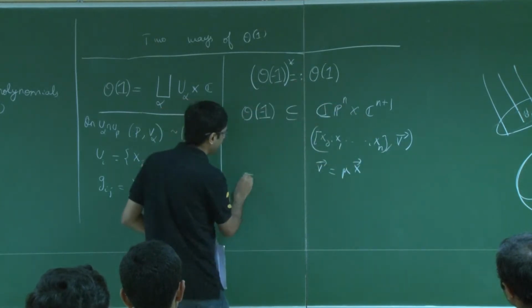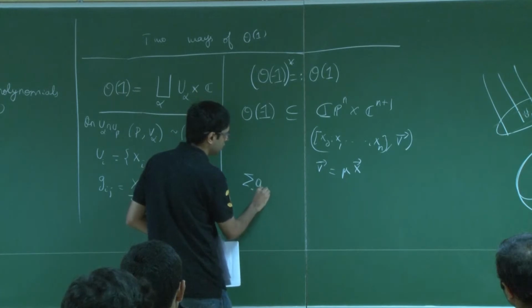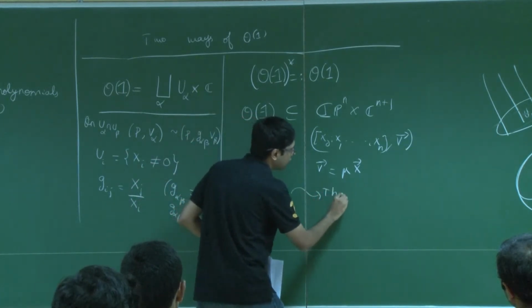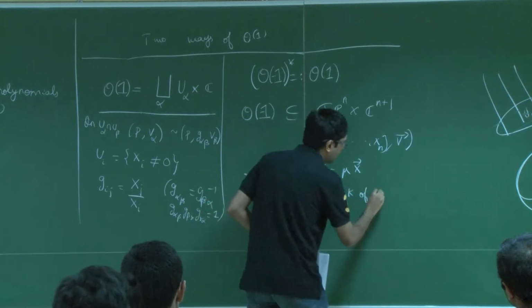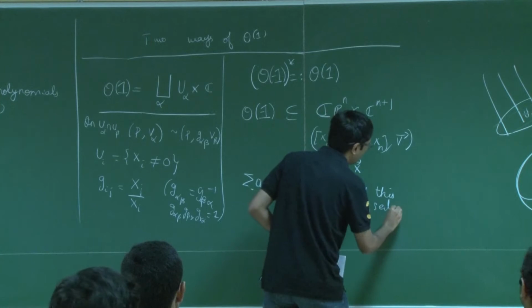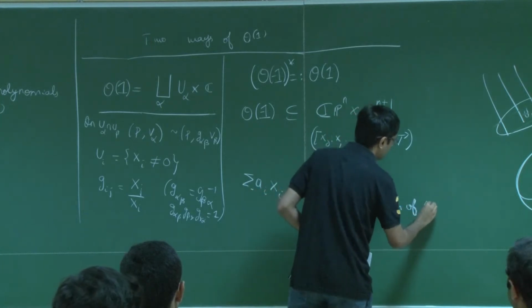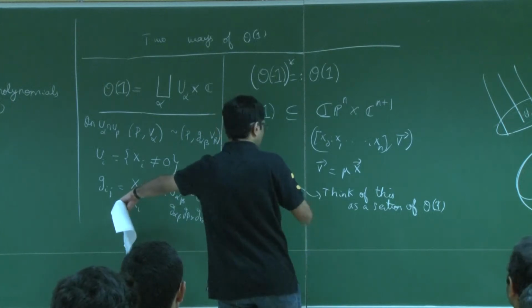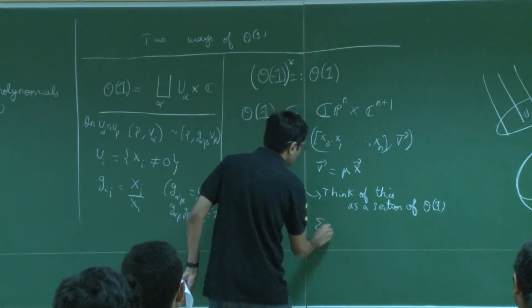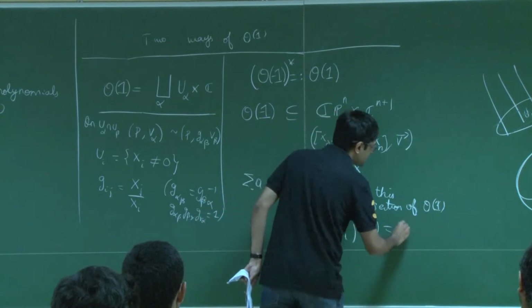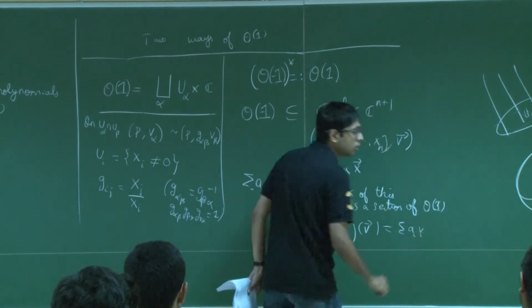So for example, if I take a homogeneous polynomial like this, I can think of this as a section of O(1) in two ways. One way comes from here, you can directly do it. Another is, this takes in a vector v and simply spits out this quantity.